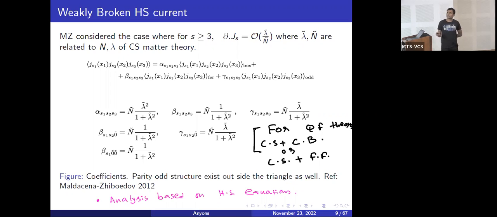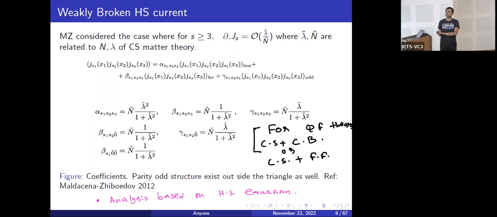In that case, these coefficients are explicitly determined in terms of some parameters lambda tilde and n tilde, which appear in the non-conservation of these higher spin currents, and which will also be related to the 't Hooft coupling in the Chern-Simons matter theories. This is the result that was pointed out by Maldacena and Zhiboedov.